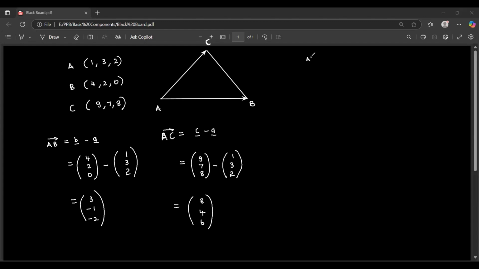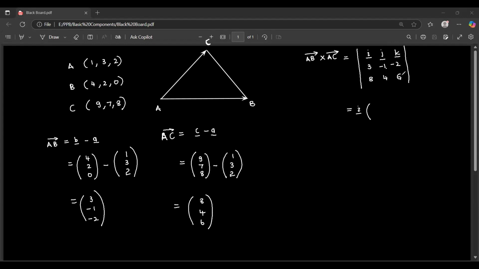First of all, we have to do the cross product of AB cross AC. So AB cross AC will be equal to the determinant of i, j, k. AB is given as (3, minus 1, minus 2) and AC is given as (8, 4, 6). So this will be equal to i into (minus 1 into 6 minus minus 2 into 4).